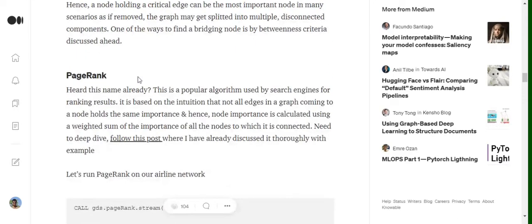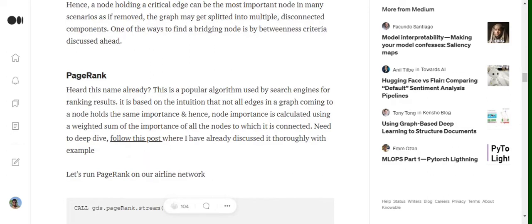The third idea being PageRank. PageRank is something that I have already discussed in a previous blog and vlog as well. It goes on the idea that the importance of a particular node is dependent upon the importance of the nodes to which it is connected.